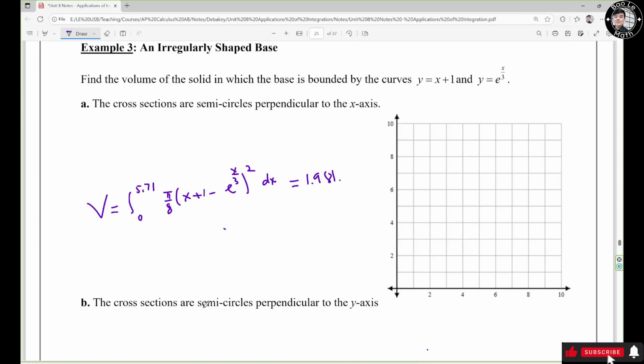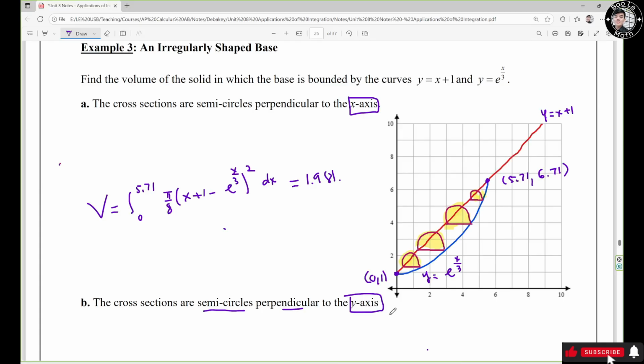Alright, the cross sections are semicircles perpendicular to the y-axis. So question B is similar to question A. The only thing different right here is that this one is the s-axis. Now we're going to sketch the figure. Now you need to rewrite everything in terms of y.